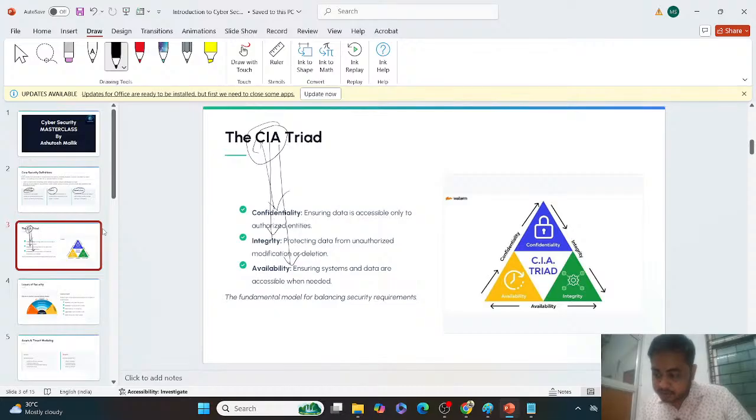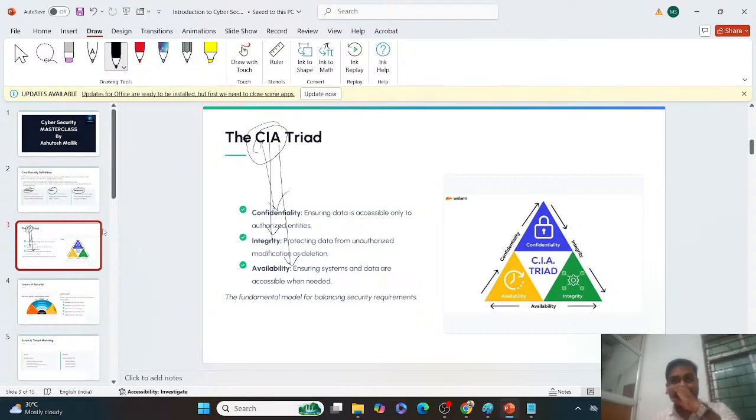Okay, Priyabrata, good. So confidentiality means ensuring data is accessible only to authorized entities. Let me give an example of confidentiality. Let's say I'm taking some names from the comment section: Pragya and Vishnupriya.